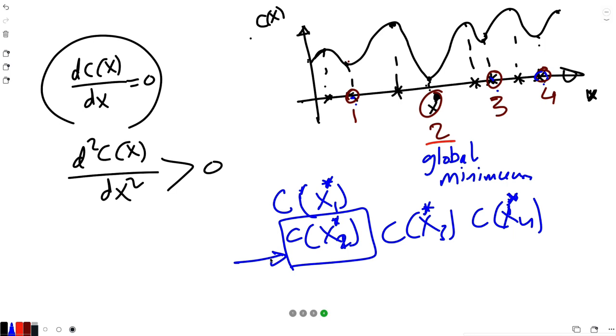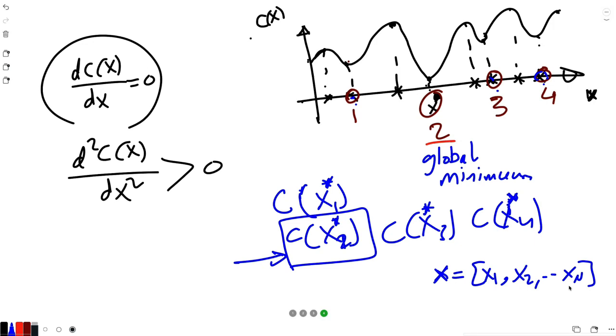Why? Usually, we don't have just one variable. In the optimization problem, we usually have a vector of parameters. So usually we have x, which can be x1, x2, up to xn. In some cases, xn can be 100 or several hundred parameters.